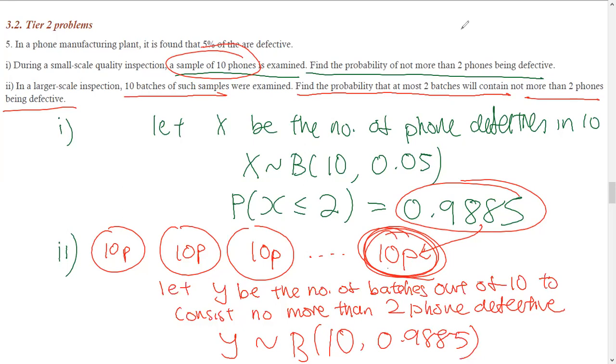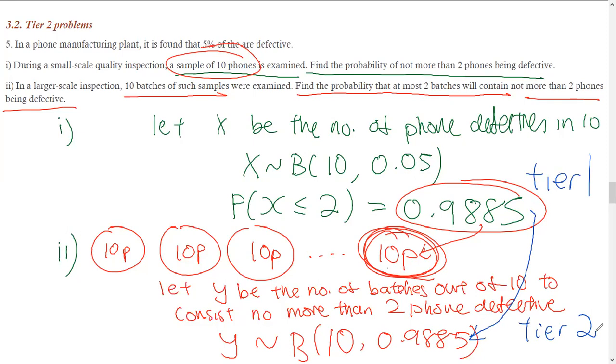So what we have done here is we have taken this probability and put it here. This is my tier 1. This is my tier 2. Okay, can you see? That means I'm grouping it into a larger perspective: 10 batches, with no more than 2 batches that consist of no more than 2 phones being defective.